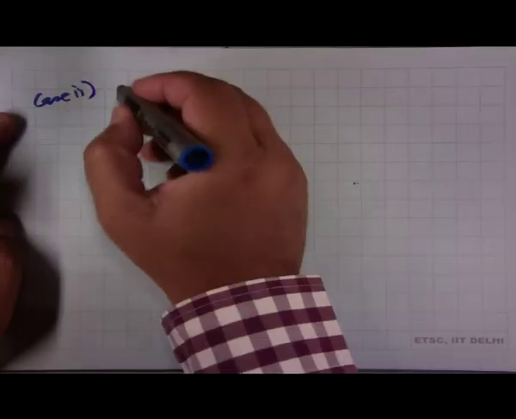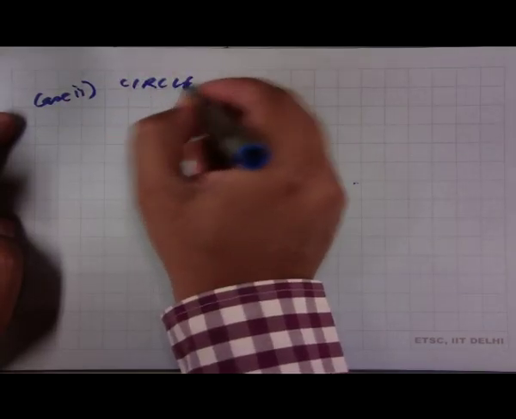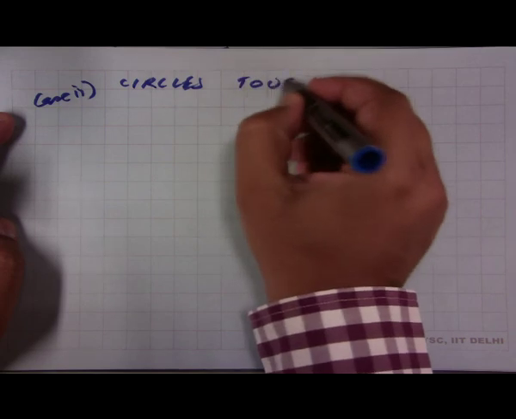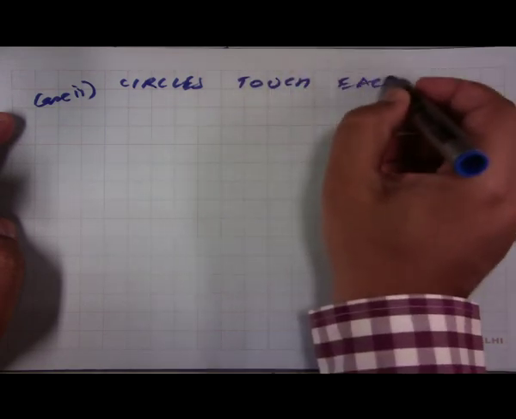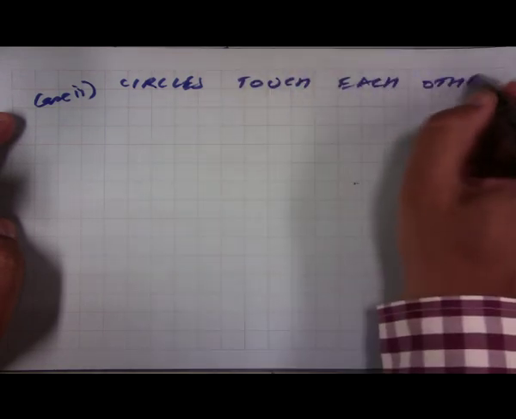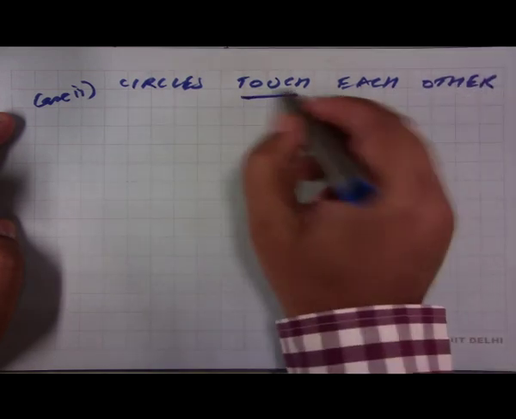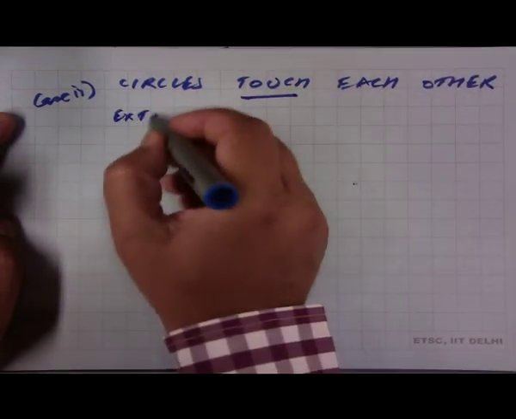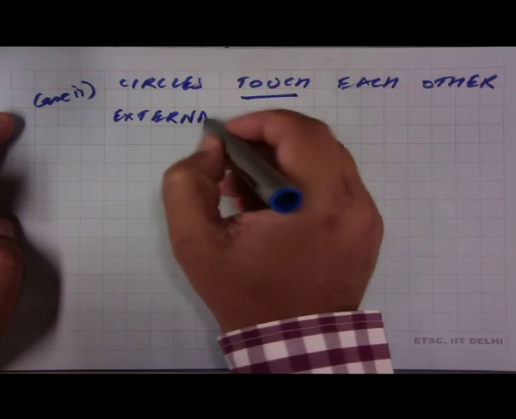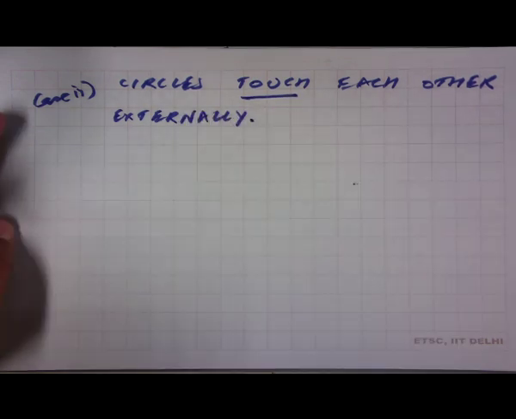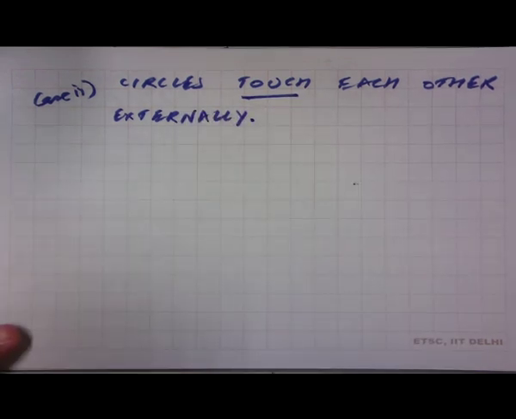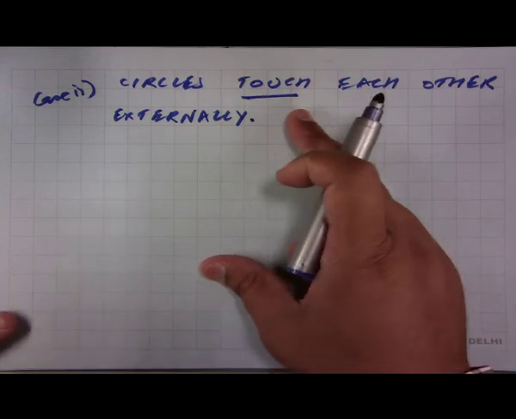So, the next case is when the two circles touch each other externally, say, so they do not intersect, but they touch each other at one point.